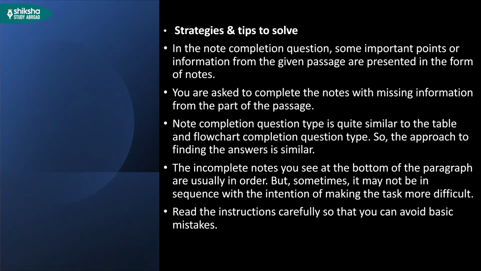The incomplete notes you see at the bottom of the paragraph are usually in order, but sometimes it may not be in sequence with the intention of making the task more difficult. So sometimes the order of the answers might be chronological, but sometimes it might not be, just to confuse you. So please do not get confused and keep looking for the answers.